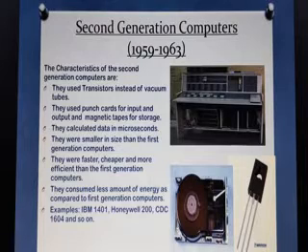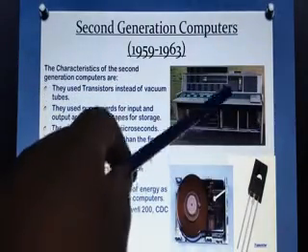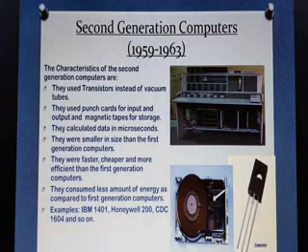The second generation computers were smaller in size than the first generation computers. As you can see over here, this is the second generation computer, and the first generation computers were as big as a room, but these are smaller than that.